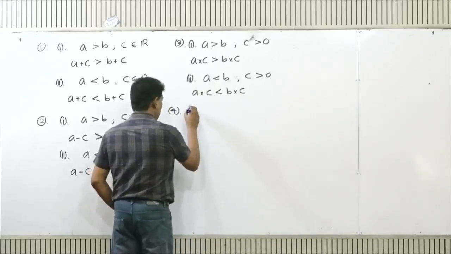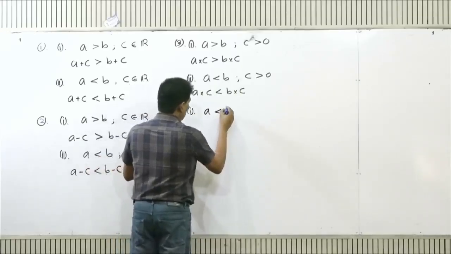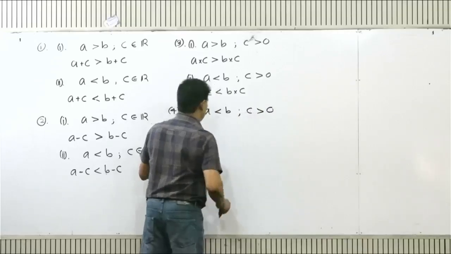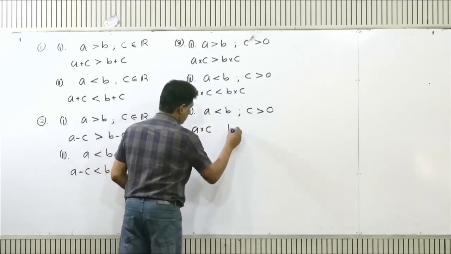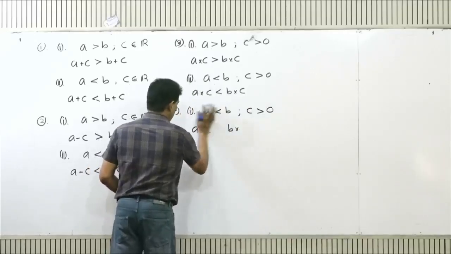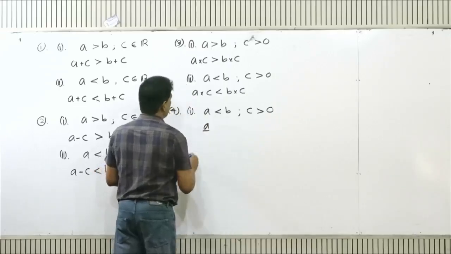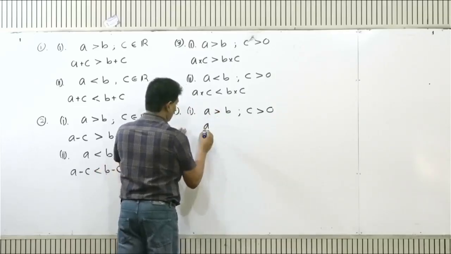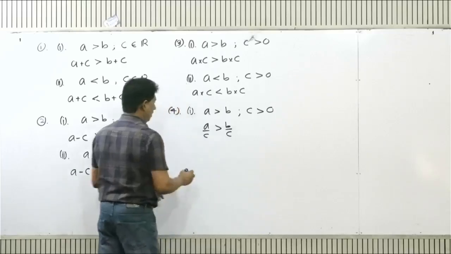Then the fourth one. A is less than B and C is positive. Then we can divide both sides by C. Then the inequality mark does not change.